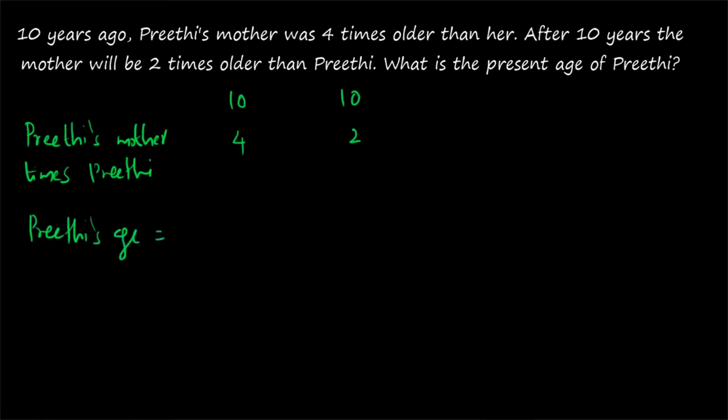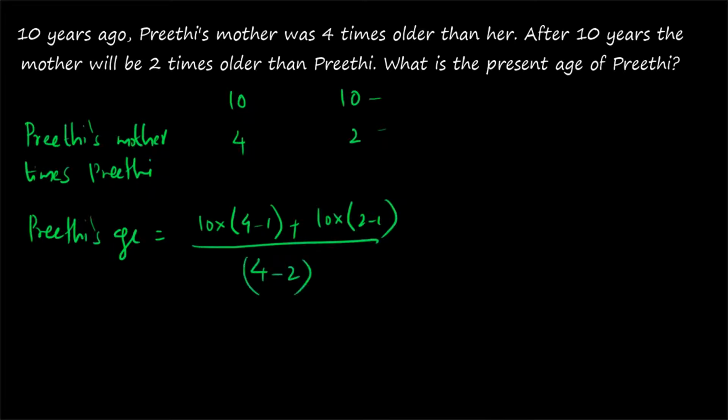So Preethi's age will be equal to 10 into 4 minus 1 plus 10 into 2 minus 1 divided by the difference between 4 and 2. Once you become thorough with the formula, you can easily write down the equation: 10 into 4 minus 1, so 10 into 3, 30. For you to understand, I am again and again writing the full formula like this.